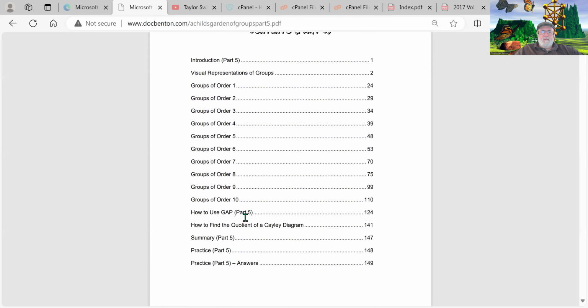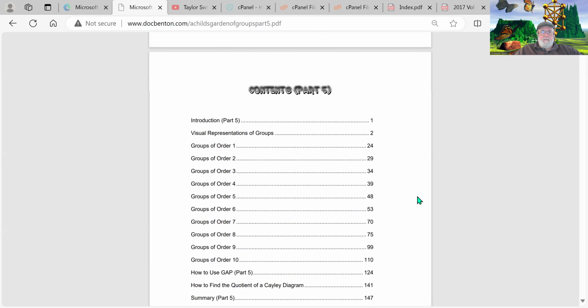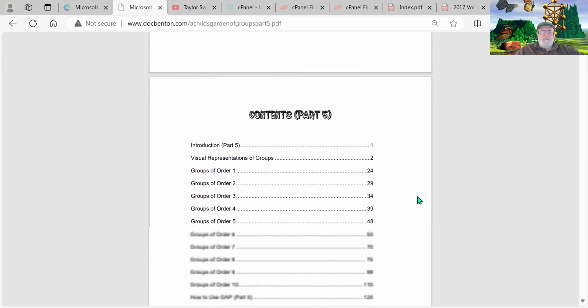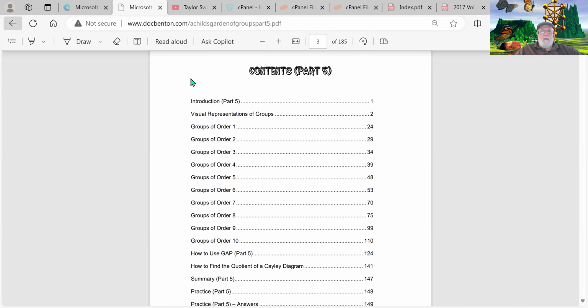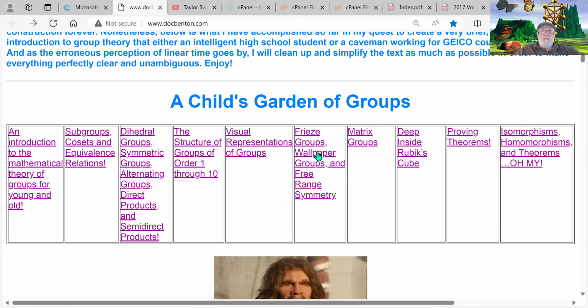And of course, I show more on how to use GAP software, and also visually how to find the quotient of a Cayley diagram. Well, that'll make more sense if you read parts 1 through 4.